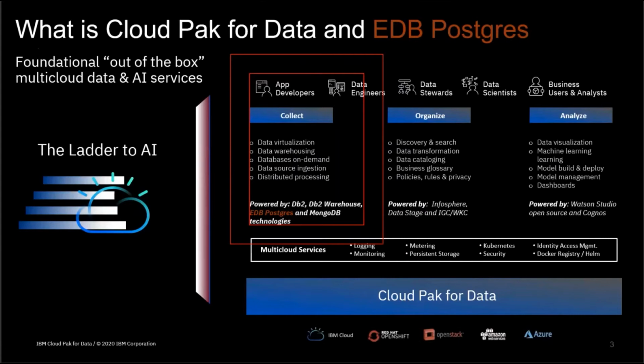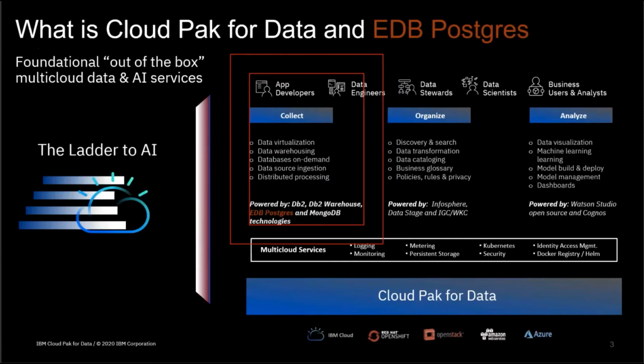One of our very key strategic partners for the last several years has been EDB Postgres and MongoDB as well. The capabilities those technologies provide, and that our partnership extends, are all part of that collect rung on the ladder.